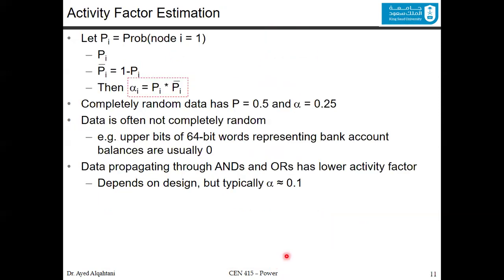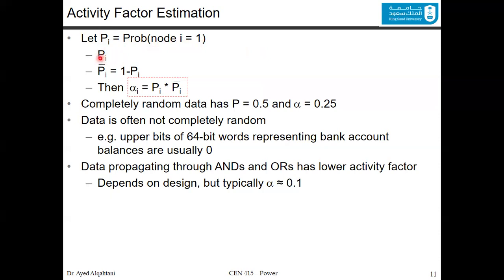Now, for the activity factor estimation, you have a certain gate and you need to find alpha. How to find alpha? To do this, let's assume that P of I is the probability that node I is equal to 1.